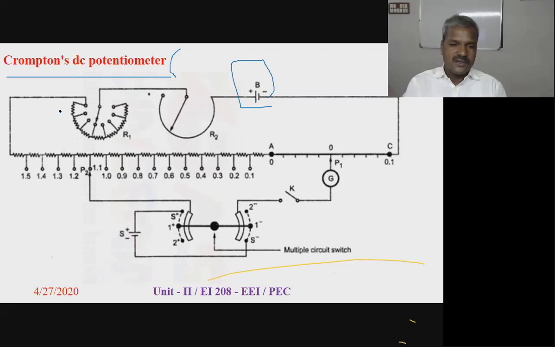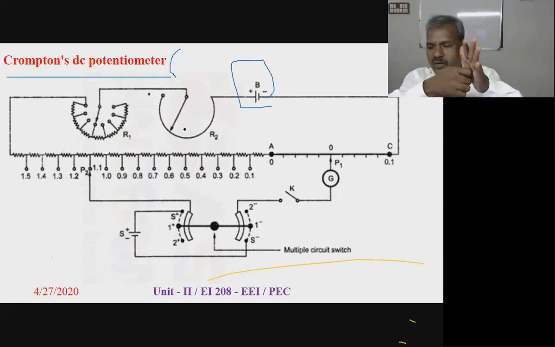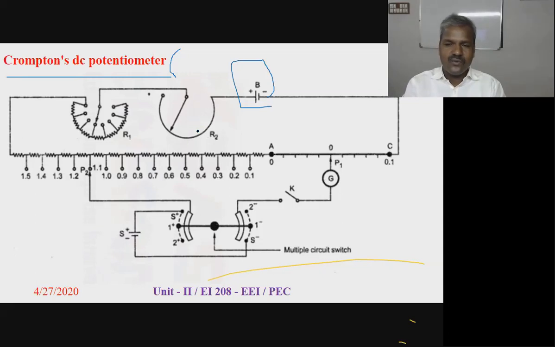One is a variable stud type, like a regulator fan switch you can see in your home, where you move in studs. The other is like a very smooth potentiometer, for fine, very fine resistance variation. The stud type is coarse resistance variation.